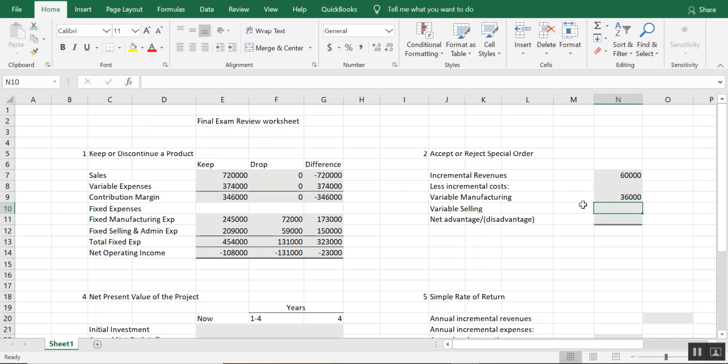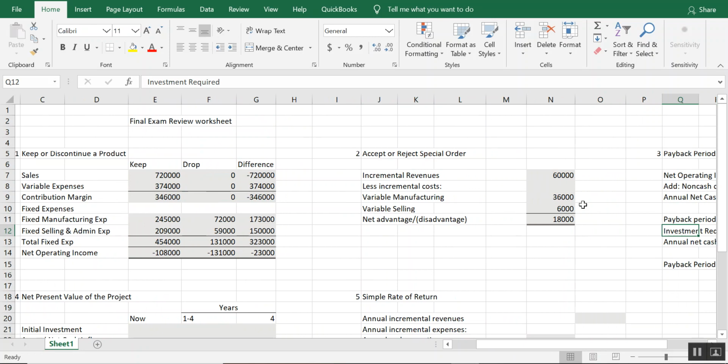Instead of $3, it's $2 per unit. So we take the 3,000 times 2. When we take the 60,000 and subtract out these expenses, we get a net advantage of 18,000, which means we should accept the special order.